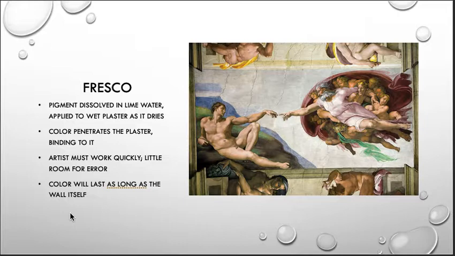So that's good. That's why this has lasted for so long. But the downside is the artist has to work really, really quickly because you have to have it the way it needs to be before it's dry. There's very little room for error, so it takes a very, very skilled artist to work with fresco. Again, the color will last as long as the wall itself.